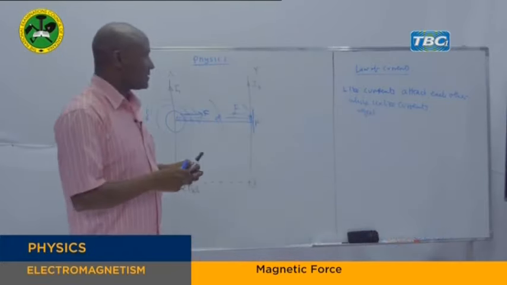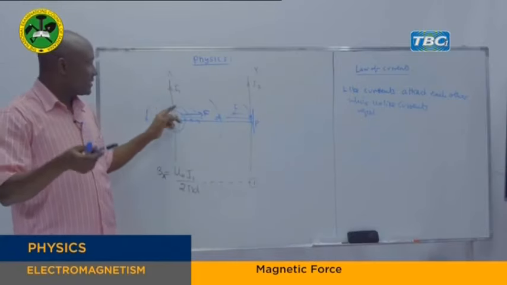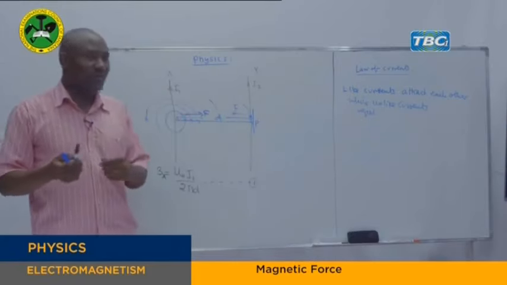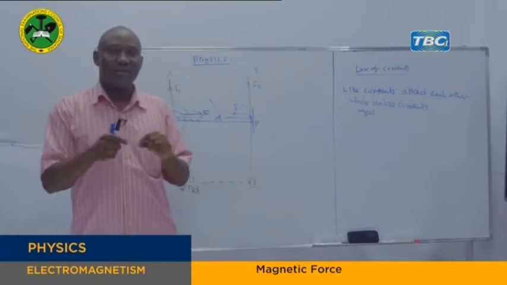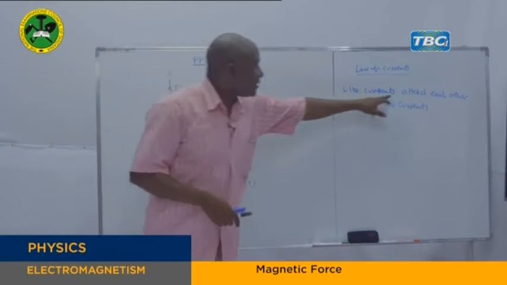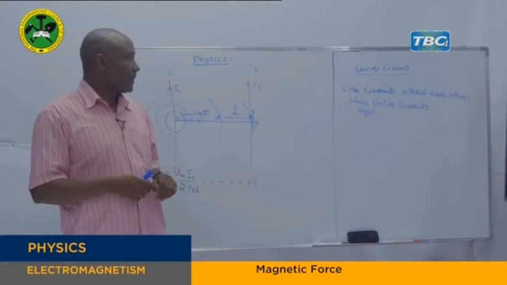Like currents means currents flowing in the same direction, so there must be a force of attraction, but for currents moving in opposite directions, there will be a repulsive force.